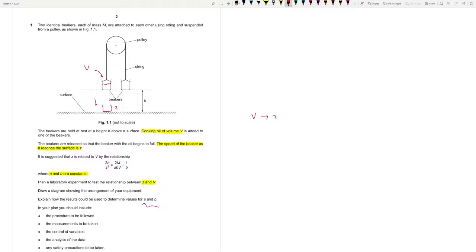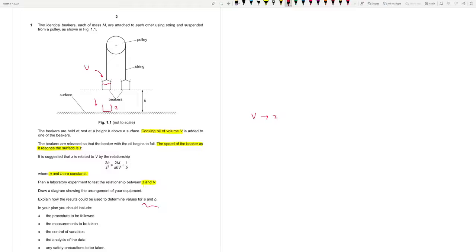There were 2 points for safety, 2 points for M. How to keep H constant, there's a formula. How many did I count over here? 1, 2, 3, 4, 5, 6, 7, 8, 9. Okay, yeah, there's 9 here. So the last one is actually when the relationship is valid. Okay, so I'll show you.